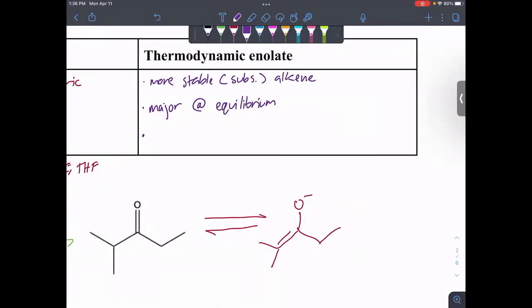To get the thermodynamic enolate as the major product, you want to use a hydroxide or alkoxide base, like ethoxide or hydroxide. Then you use the conjugate acid as the protic solvent.